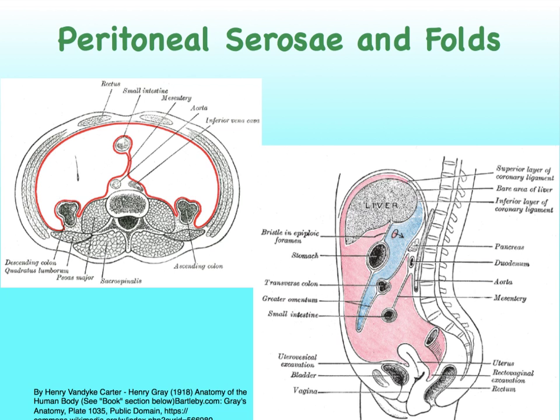Now, the other thing that we see happening is that the visceral and parietal peritoneum will start to go on its way to, for instance, in this case, the small intestine, wrap around it, and then come back out to where we form a double layer of visceral and parietal peritoneum, referred to as mesentery.